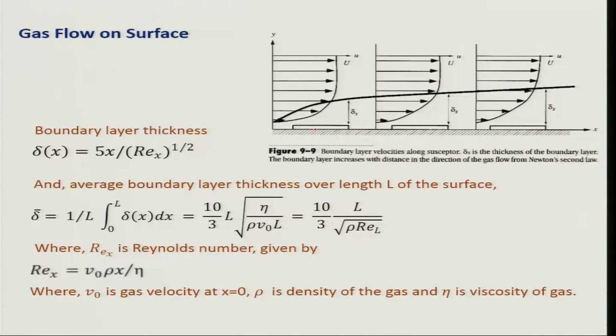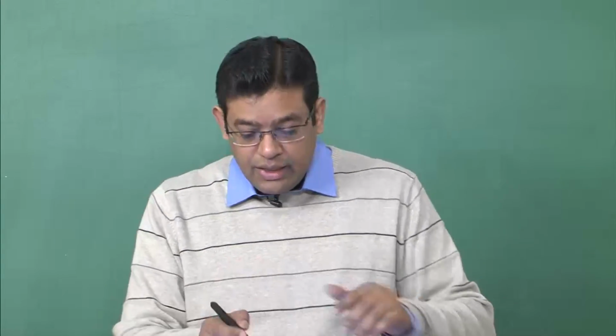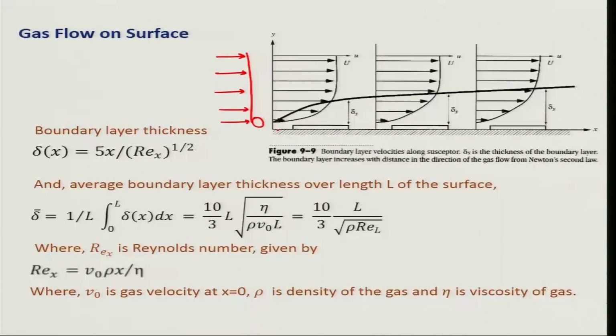The important part is that when the gas is flowing, you would see that from here the gas has a uniform velocity outside the chamber, but as soon as it enters the chamber, part of the gas comes in contact with the surface wall of the reactor, and since the substrate or the wall of the chamber is at zero speed, the layers of gas in contact with this surface will come to a velocity of zero, and this develops a velocity gradient.